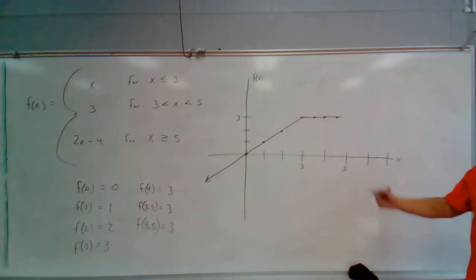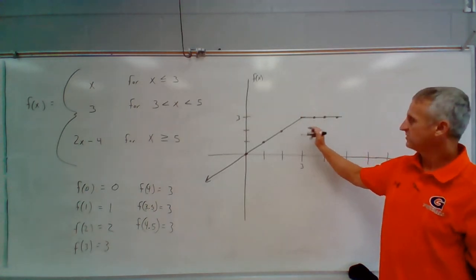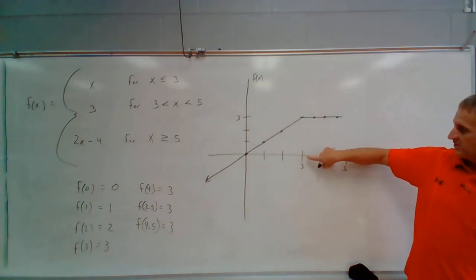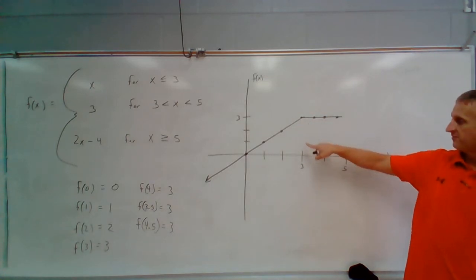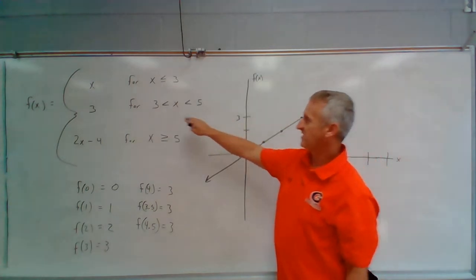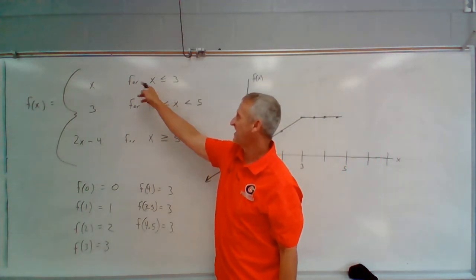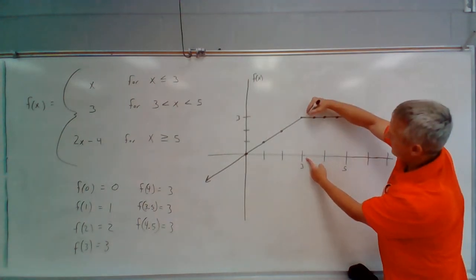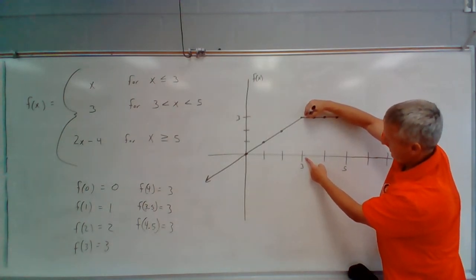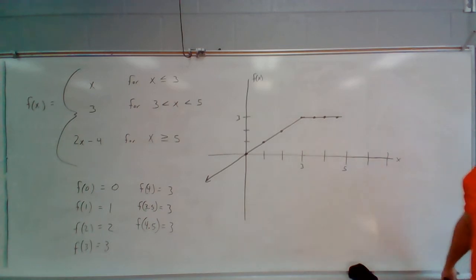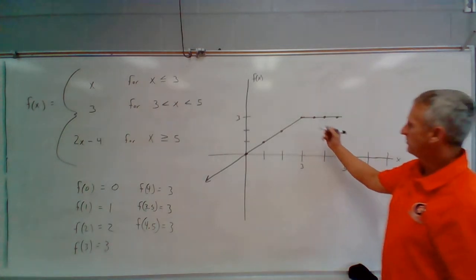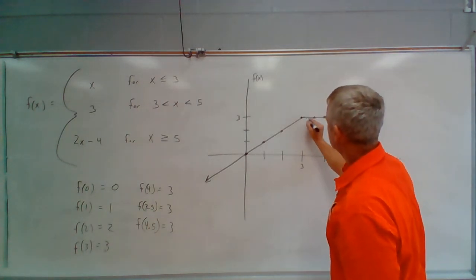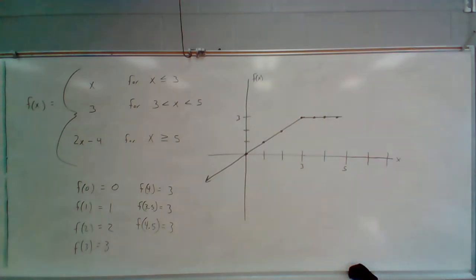Now here, we won't need an open circle at 3 because (3, 3) is actually on the graph. It's on the graph because of this equation up here at the top. I plug in 3 and I get 3. But this line also gets closer and closer to that point (3, 3). So I'll end up with a closed circle right there at 3.